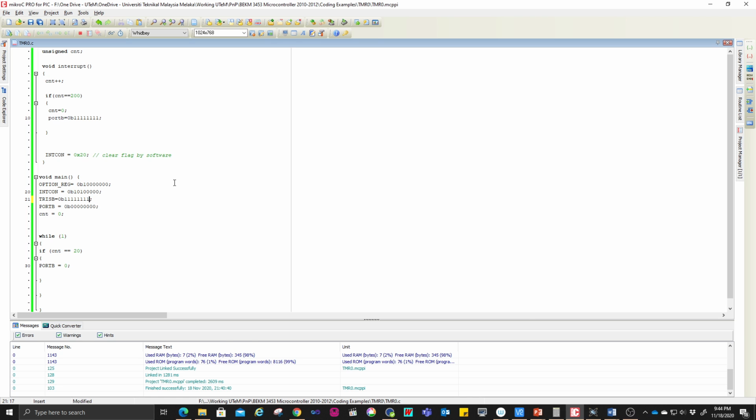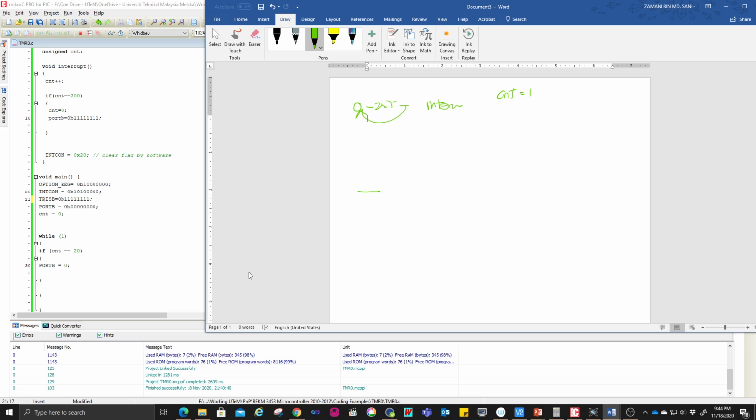So the first value will be all at 5 volt. This is the default value for your port B, 5 volt. So it keeps on staying at this state level because your count was still at 1 just now, and the timer 0 at the back is still counting.